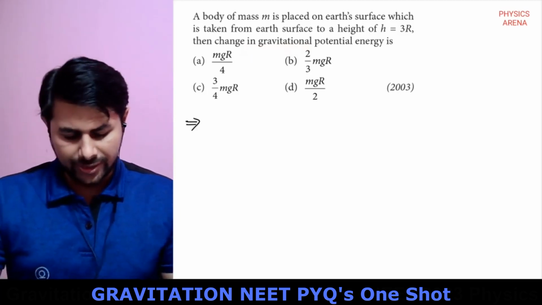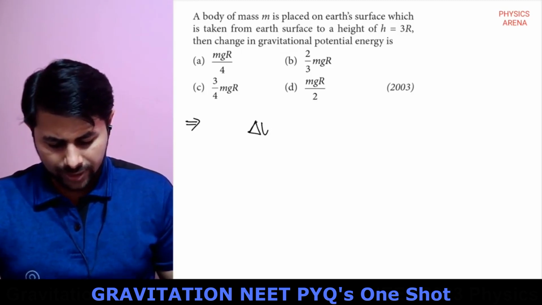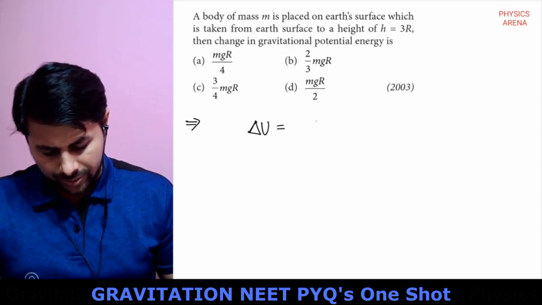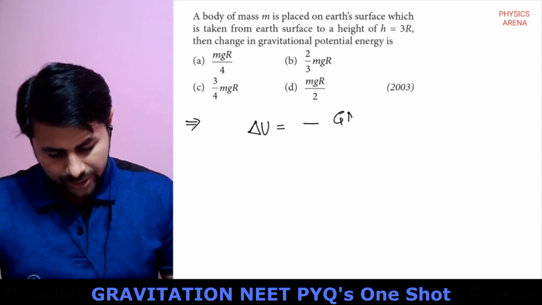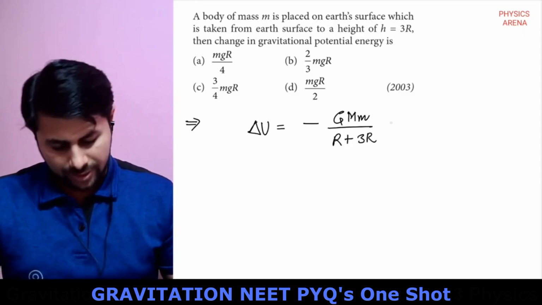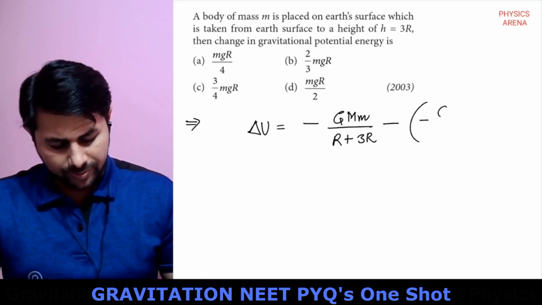So let's call it delta U, or work done. It is equal to the potential energy at the final point, minus GMm divided by R plus h, where h is equal to 3R, minus the potential energy at the surface of Earth.